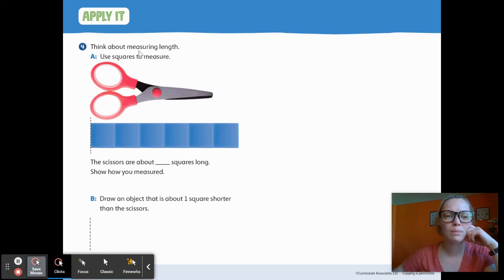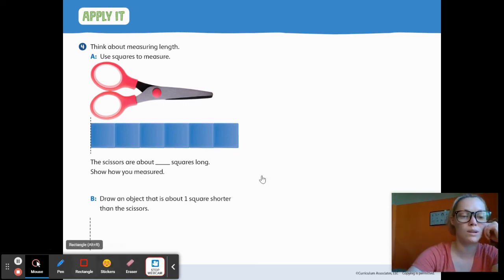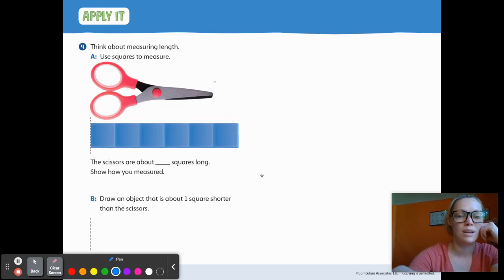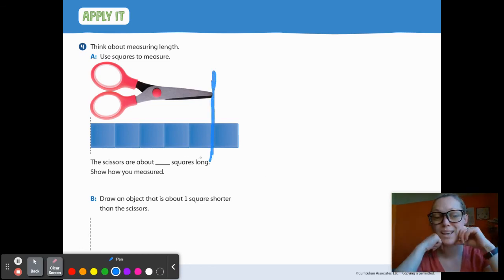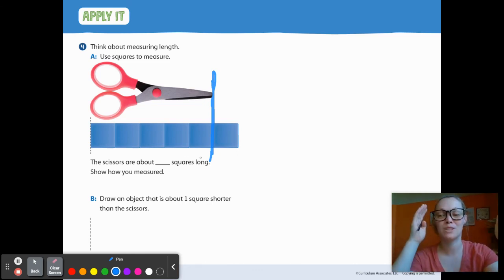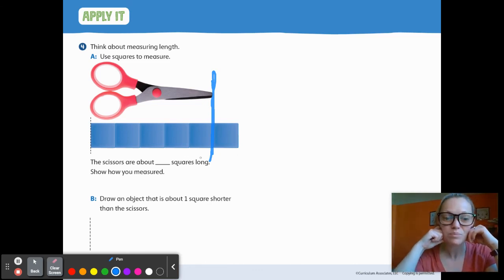And the last problem wants you to use these squares to measure. Remember, you're going to want to look at where those scissors end and only count the squares, so I'll give you a clue. I see the end of the scissors. Only count the squares from the start line to the end line.